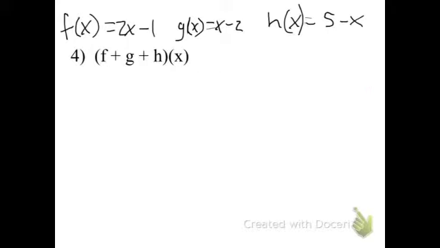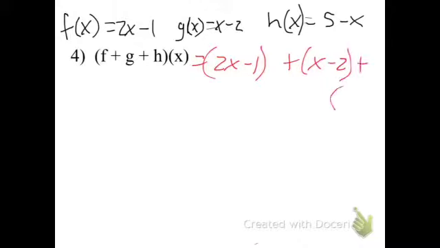Moving on to the next one, we're adding f and g and h of x all together. So you're going to take each of their assignments and just add them up. We're going to have 2x minus 1 plus x minus 2 plus 5 minus x. The parentheses don't do anything with these.